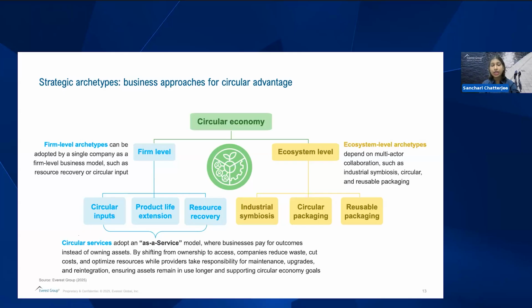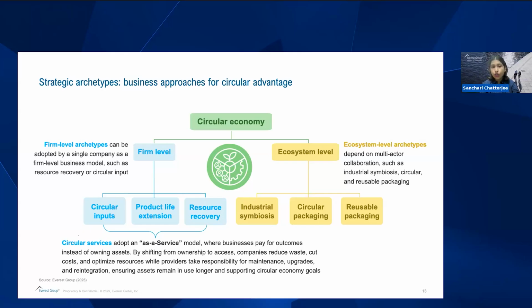Now from an ecosystem level, we see that success depends on collaboration. So here we see industrial symbiosis, circular packaging, and reusable packaging as some of the top examples, wherein multiple players are coordinating and sharing value. And cutting across both these levels are the circular service models, more as a service models, where businesses pay for outcomes rather than ownership.